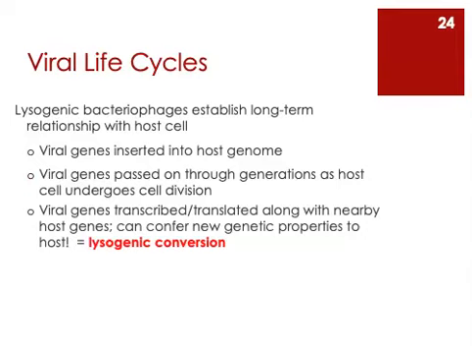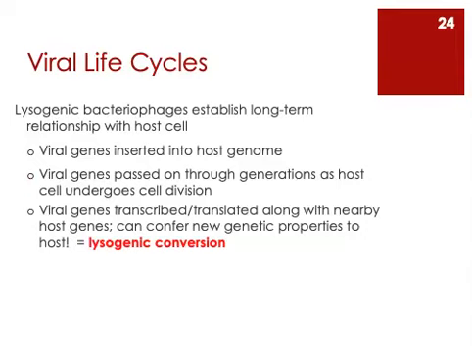Lysogenic bacteriophages are going to establish a long-term relationship with the host cell. What a lysogenic bacteriophage can do is get its genetic material inserted into the host cell's genome.